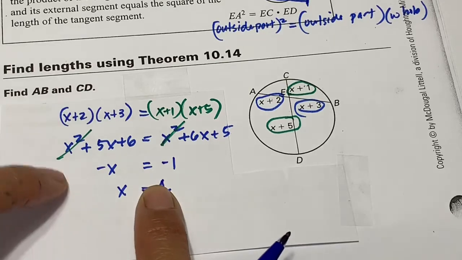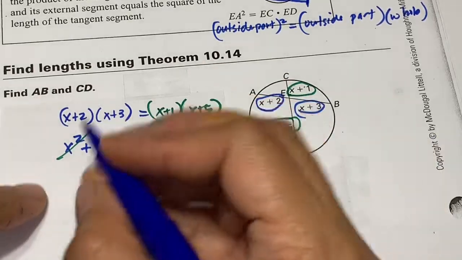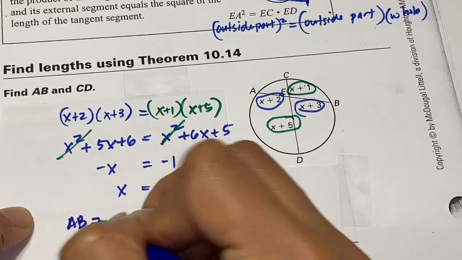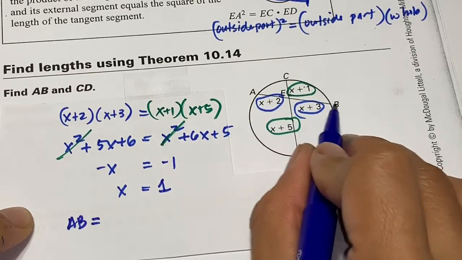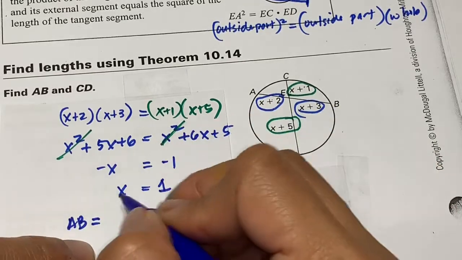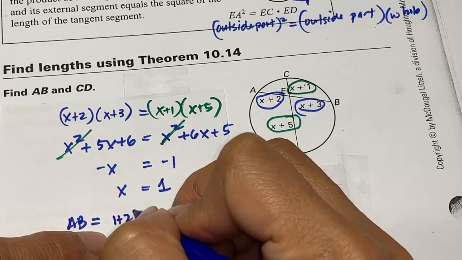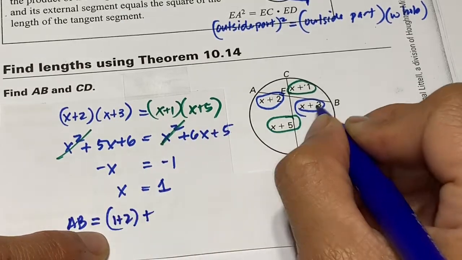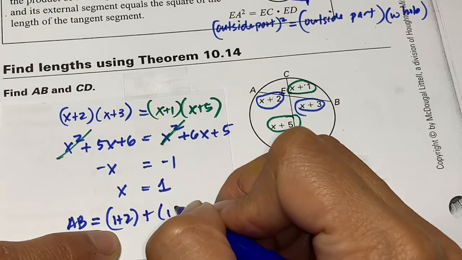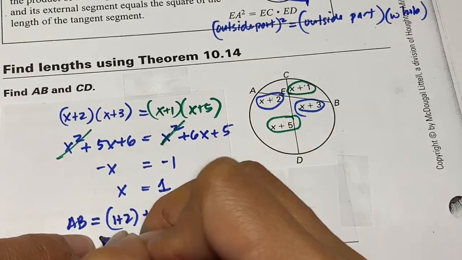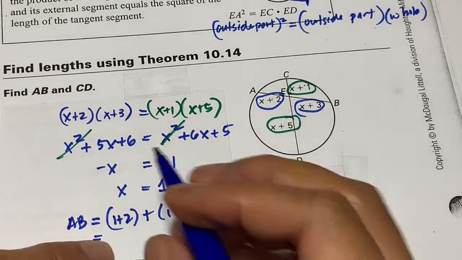If x equals 1, find AB, which is the whole thing, right? It's 1 plus 2 plus 1 plus 3. So that is 3 plus 4, 7.